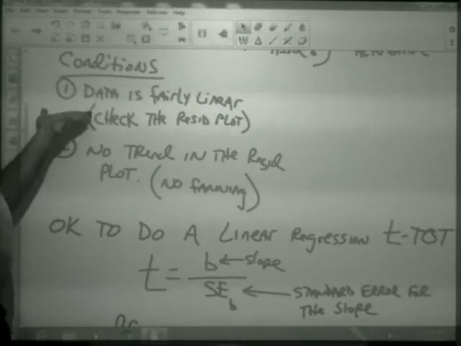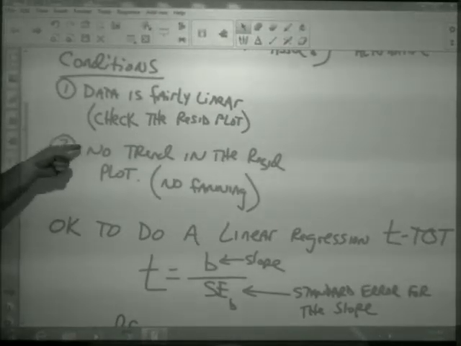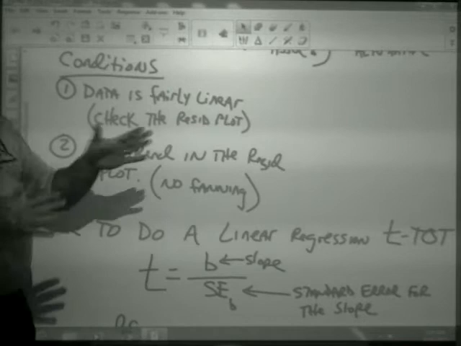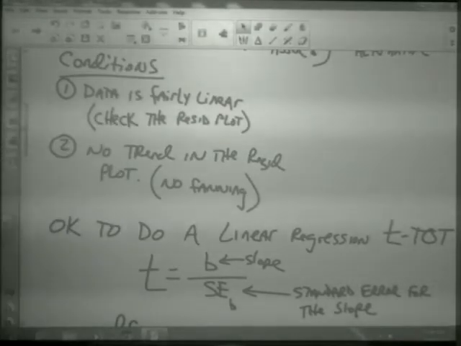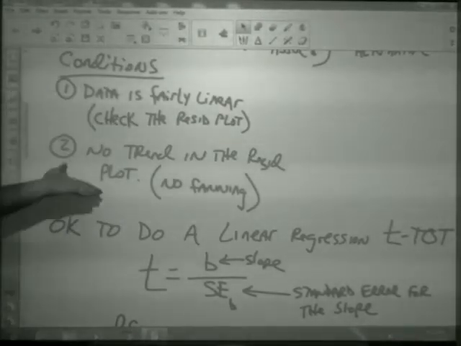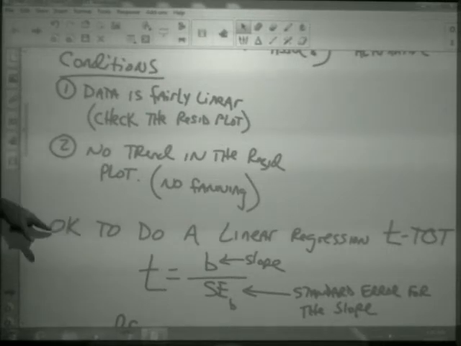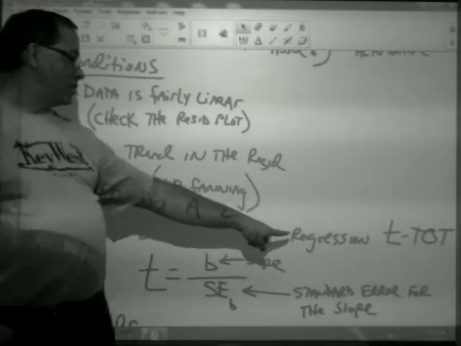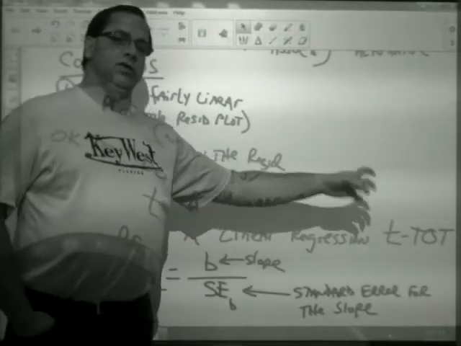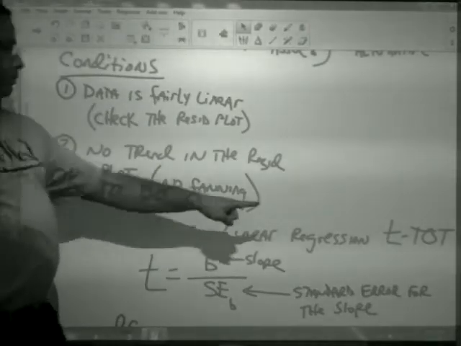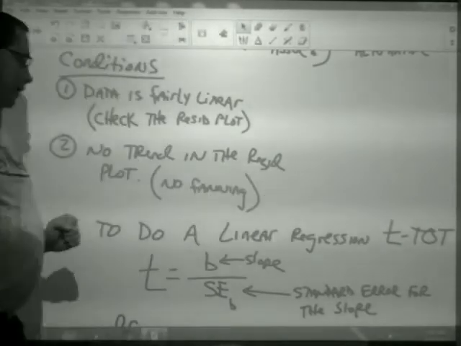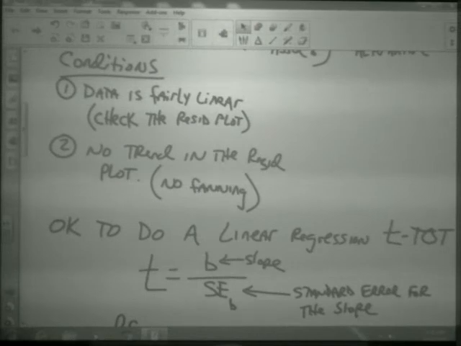Make sure that the data is fairly linear, and that there's no trend in the residual plot, so no fanning. Again, check your residual plot. If it works out, we say it's okay to do a linear regression t-test. Since we're dealing with quantitative data, we're back to a t, all right? And so this is called a linear regression t-test.